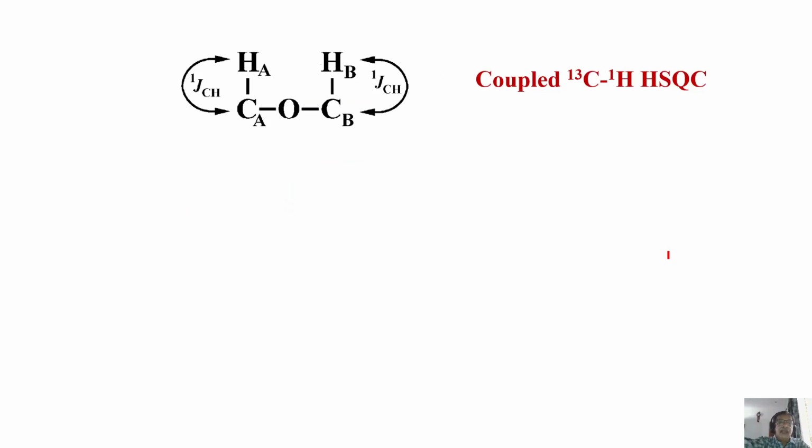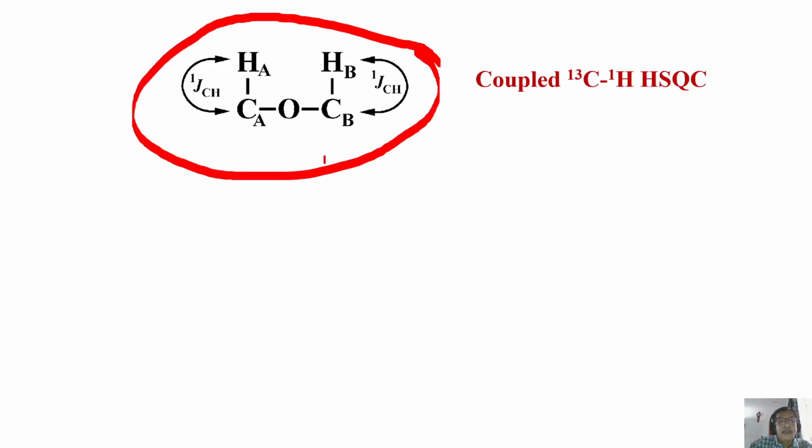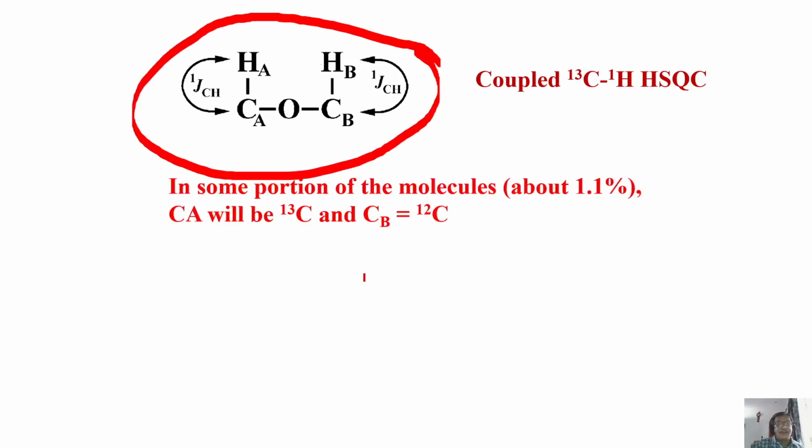Okay. Now, let us look at the carbon 13 proton HSQC spectrum. I consider a simple molecule like this. Now I will consider a situation because I have to look at the carbon 13. In this molecule, there are several isotopomers.